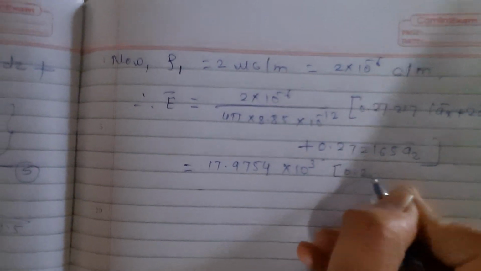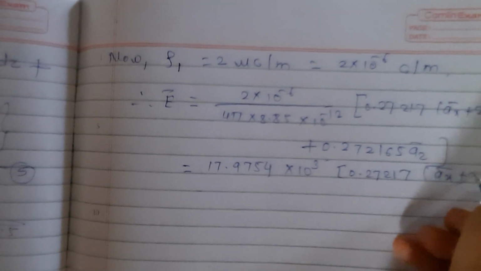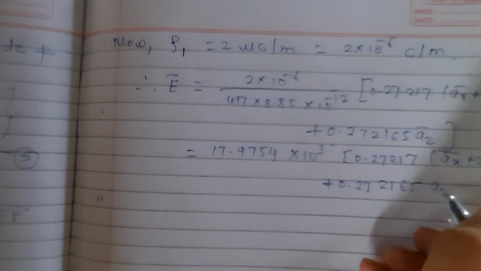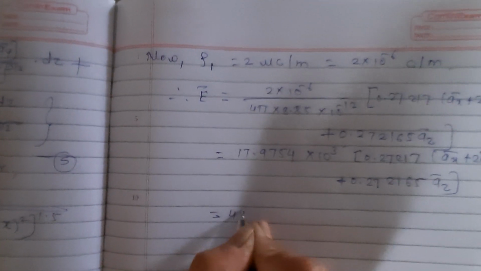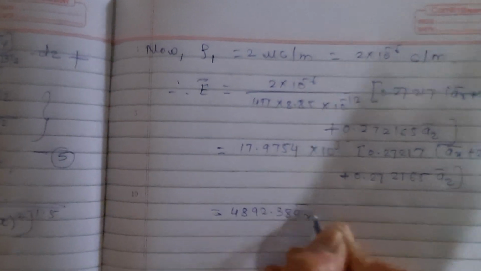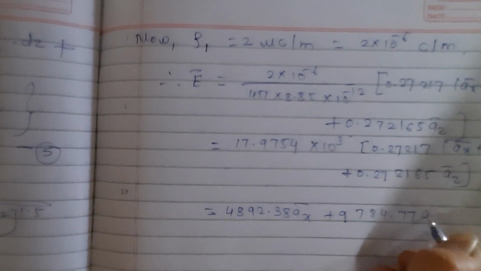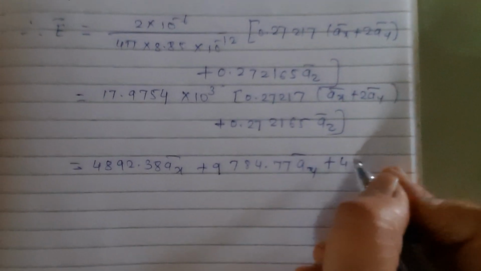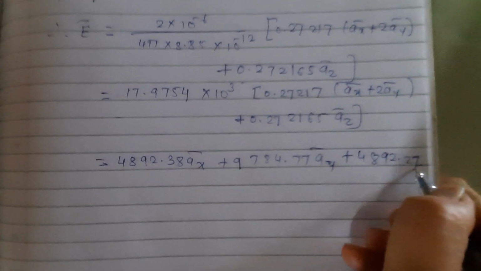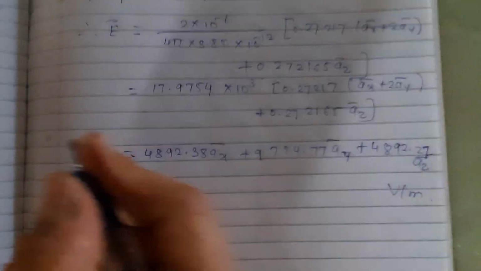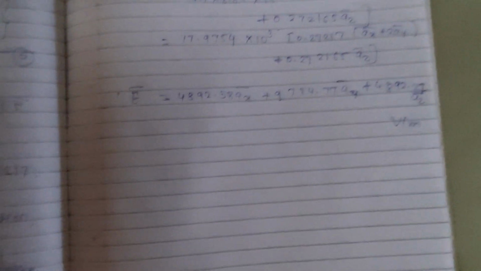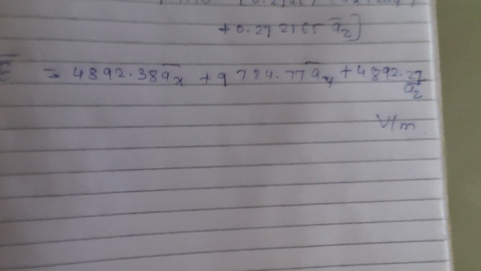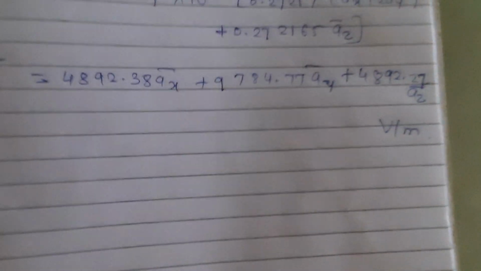So in bracket, again we simplify this equation, and the final output is, this is the final answer: 4892.38 ax bar plus 9784.77 ay bar plus 4892.27 az bar volt per meter is the answer.